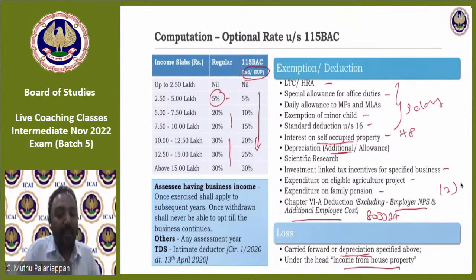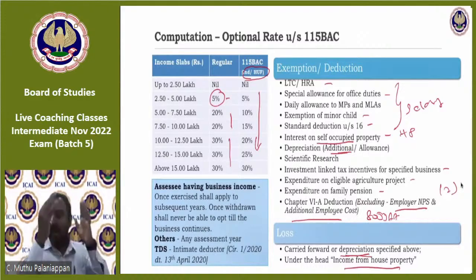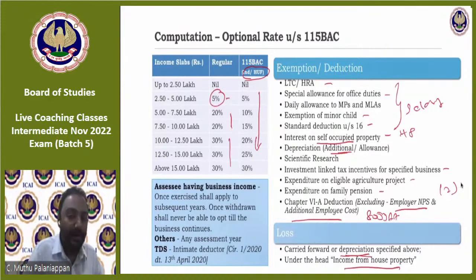So carry forward of depreciation specified above, and under the head income from house property, the losses cannot be carried forward. So these are the things that you must forego to claim the new tax rate. So you're not eligible for basic exemptions like leave travel concession, house rent allowance, special allowance, standard deduction.